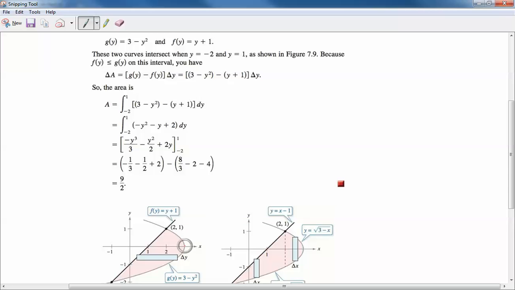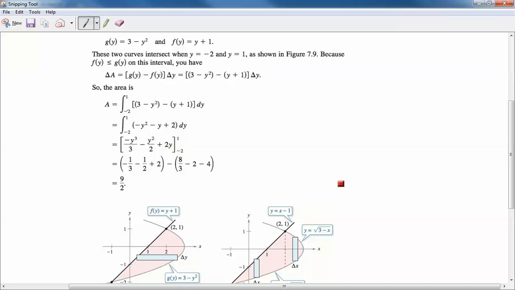You say right curve, that's this quadratic, the U-shaped graph, minus left curve. Now, when you find the intersection points, you set these two equations equal, and you solve for y to get the y intersection points.